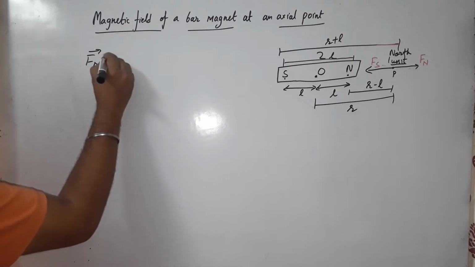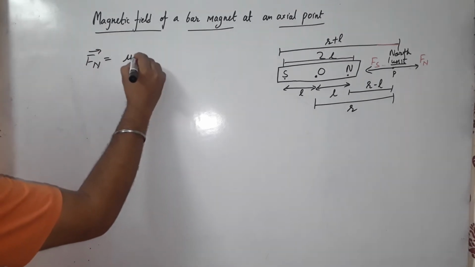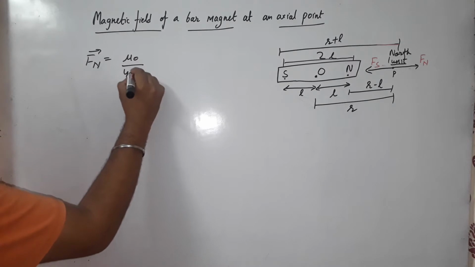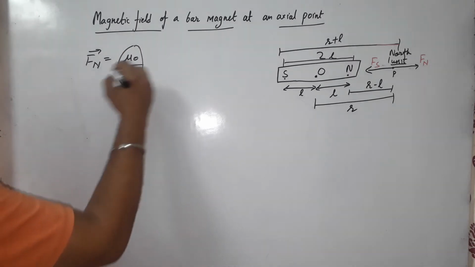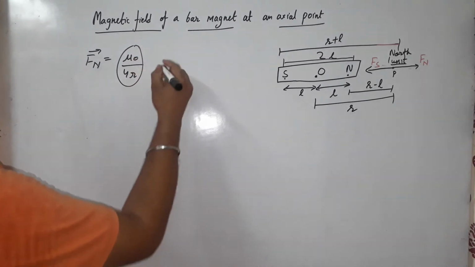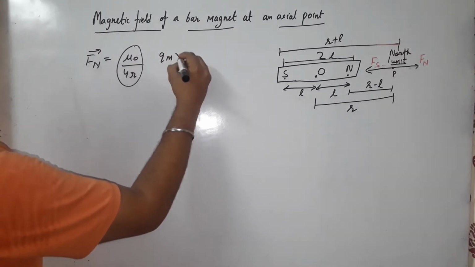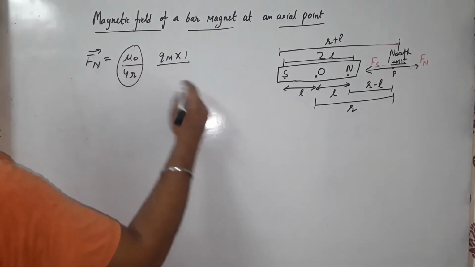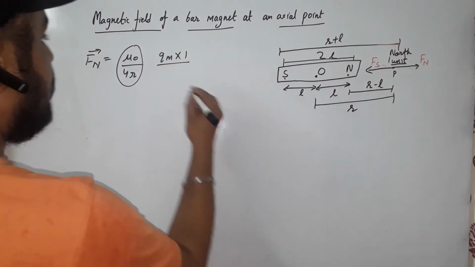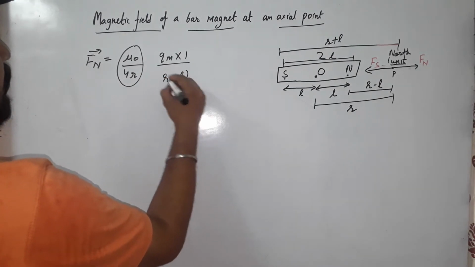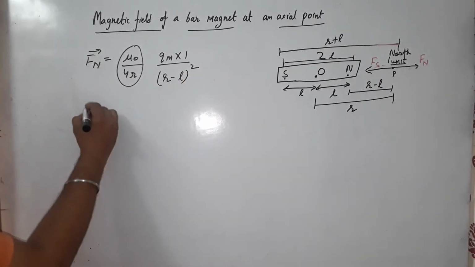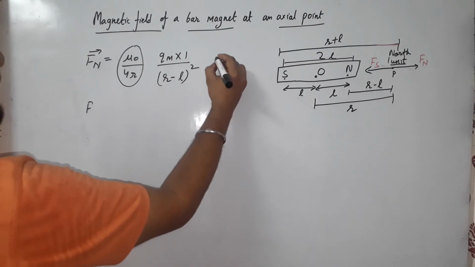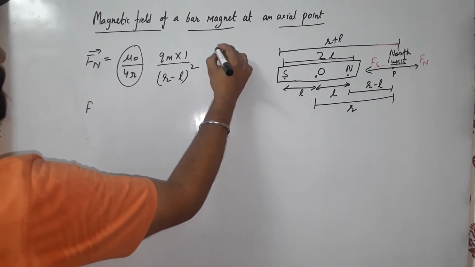This force Fn, according to Coulomb's law of magnetism, where K is the constant, the value is mu naught by 4 pi Qm into 1 upon the distance of the north pole, r minus L the whole square, and it is along the direction OP.